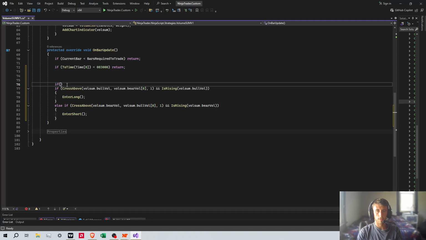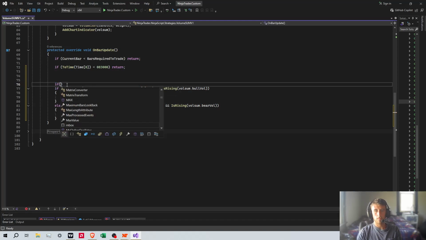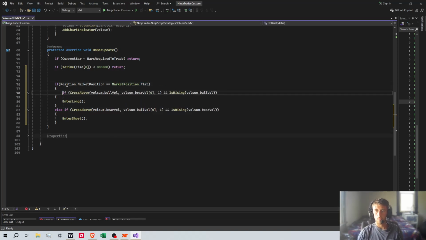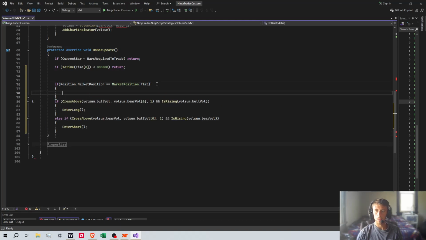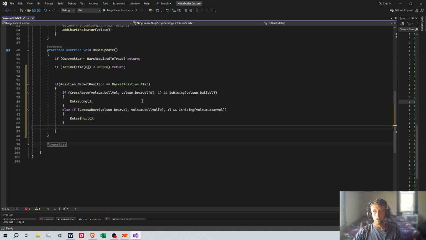Also make sure if position dot market position equals market position dot flat. And then we do this.